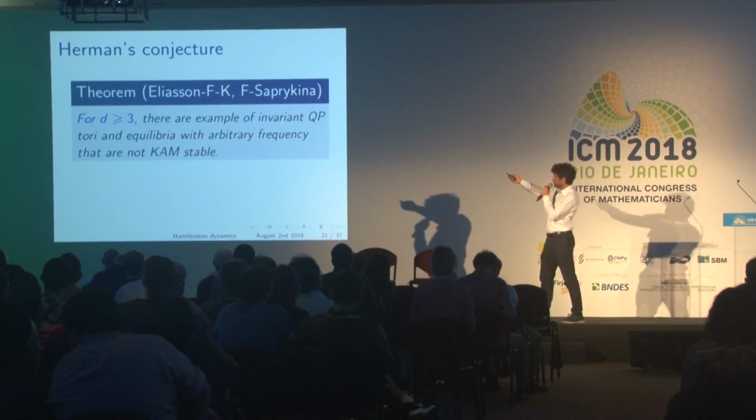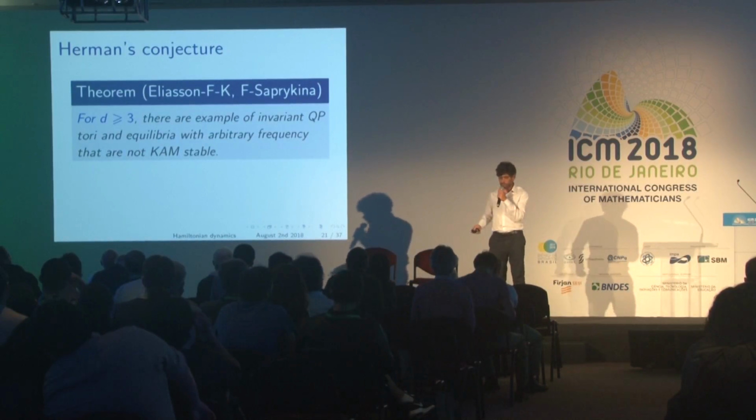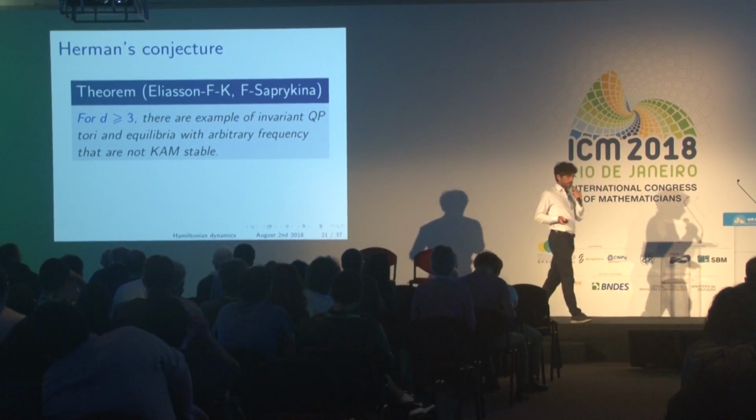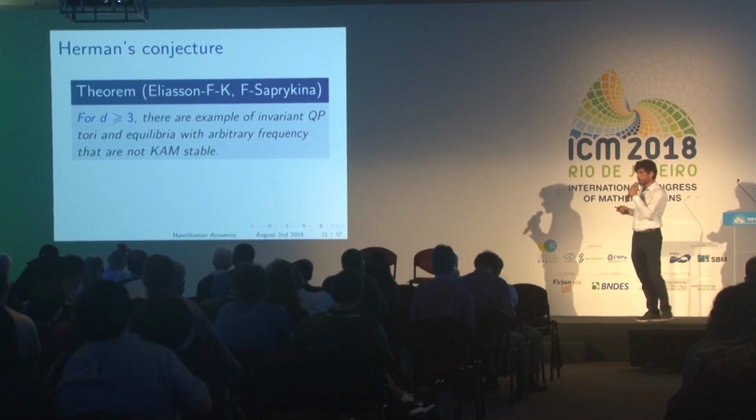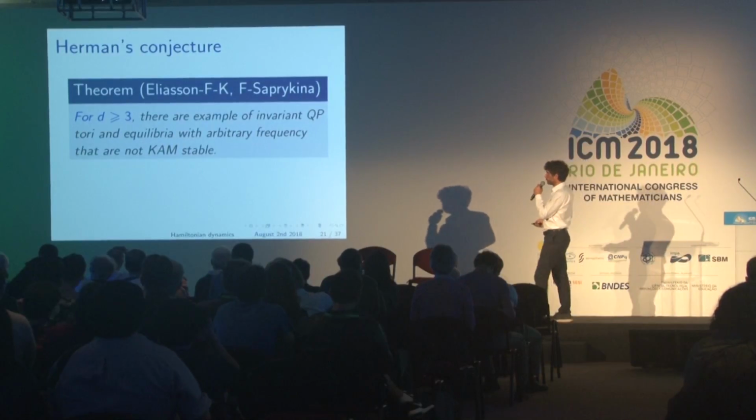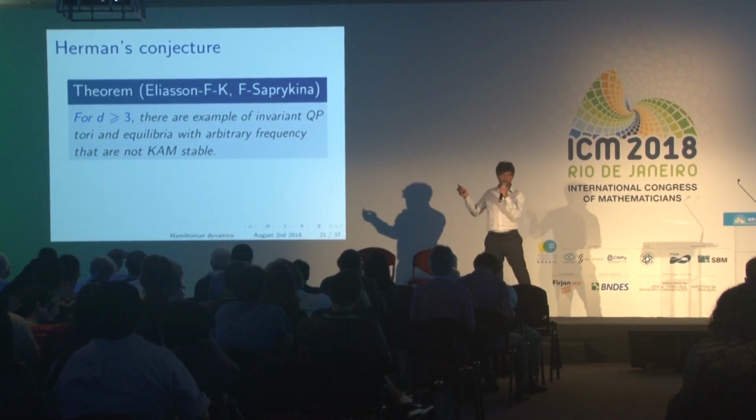And just a slide about dichotomy here. So for smooth systems, you cannot expect anything like the Herman conjecture unless d is equal to 2.